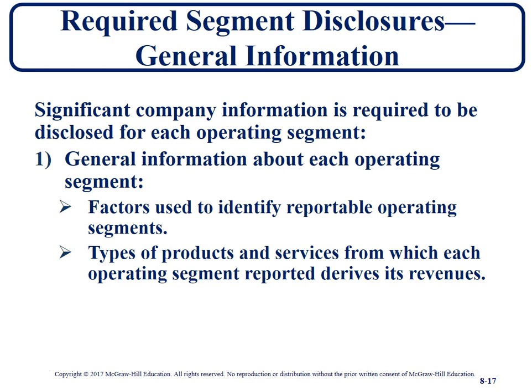Significant company information is required to be disclosed for each operating segment. General information would include things like the factors used to identify a reportable operating segment, what types of products and services come from each segment, and how the segment earns its revenue. So you have to give a little background on what the segment is.